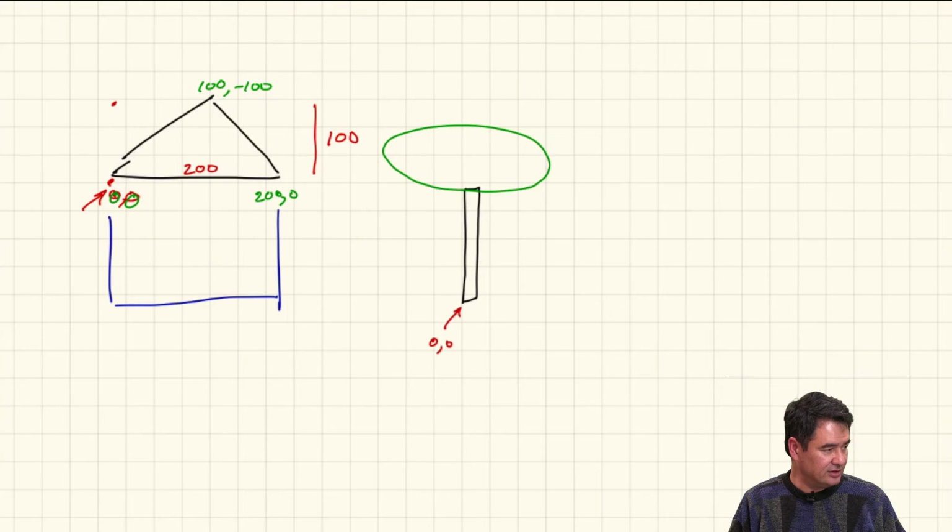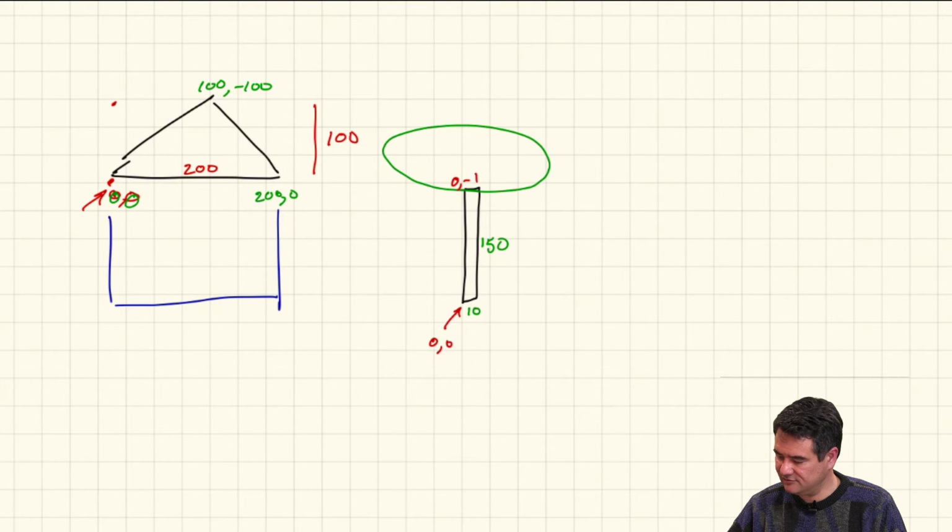Let me switch back over here again. So I know this was 10 wide and 150 tall. So that means that the trunk needs to be added right there at that spot. So that is 0 over and negative 150 up. 0 over negative 150 up. That's this spot right there.